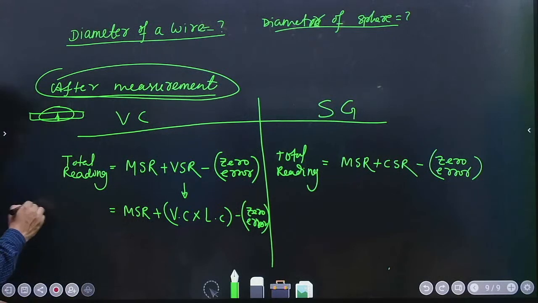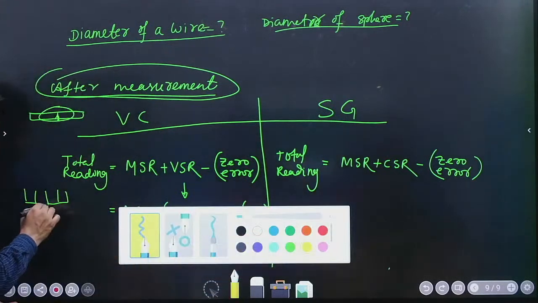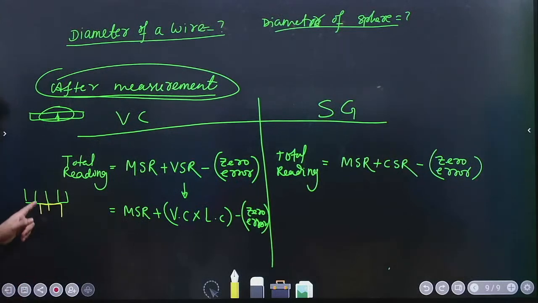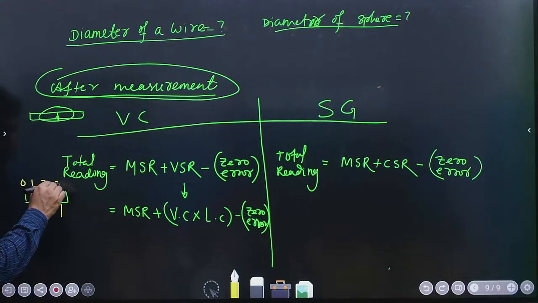Suppose the main scale is like this, with some main scale divisions, and my vernier scale is like this. Suppose here this is matching, one green is matching with yellow. Suppose the vernier scale is numbered 6, 7, 8 like that.